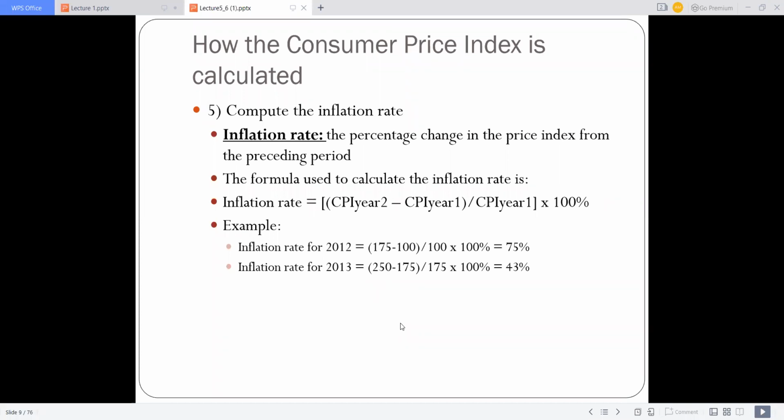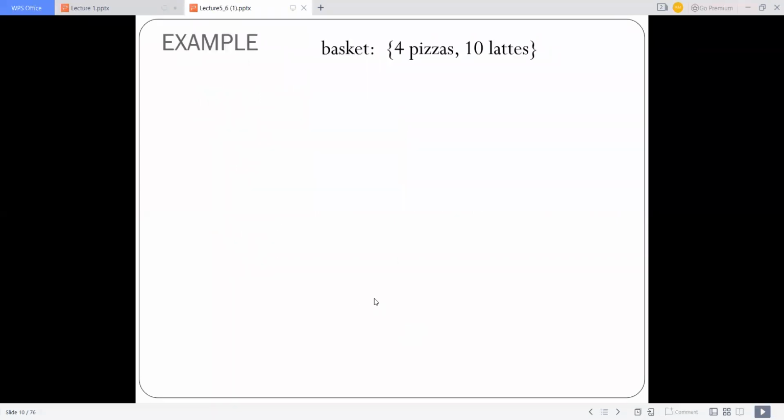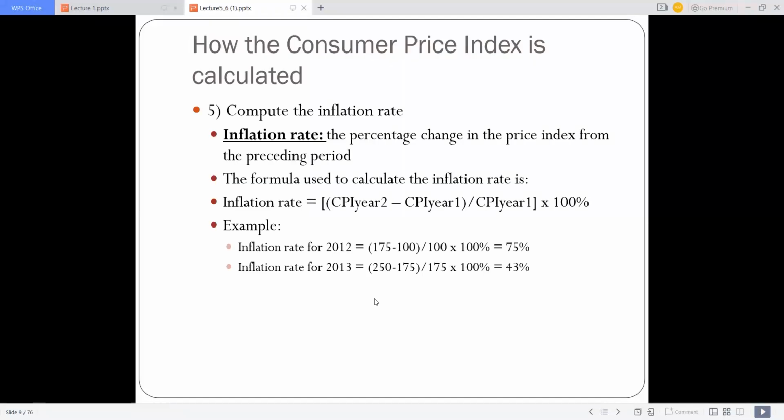We look out for the current year and the previous year. There's no base year here. Come again. Can they tell you to use 2013 as your current year to find the inflation for 2011? They are asking you to use 2012. Okay, that will be the change.